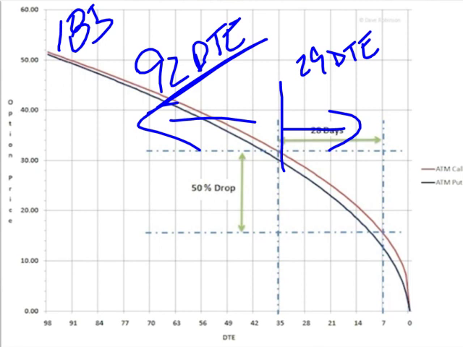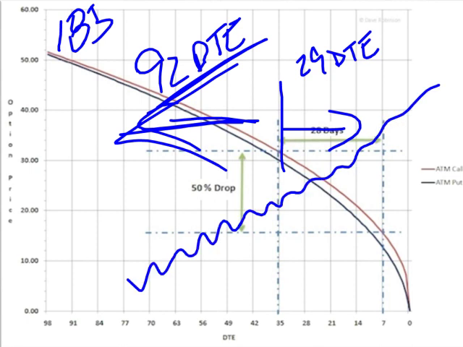So it doesn't matter on the duration. On this one though, give yourself the room to be right. If this starts trending up and we are in a bull pattern, it can go on for a long time. So why limit yourself to only 35 or 30 days? Get out as far as you can. Know that those bid offers are going to get wide out there, but my rule for picking that right underlying is this front month, the spot month, where you're going to see the most time and volume.